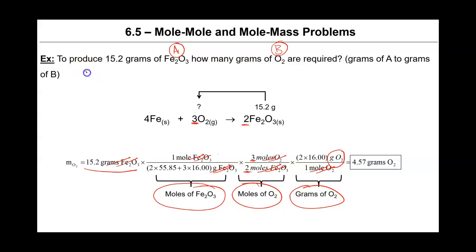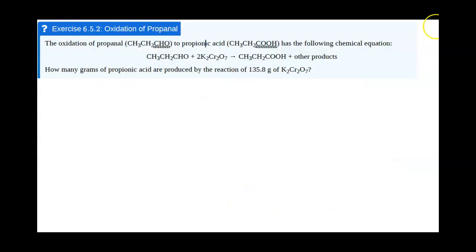So just reiterating, it goes grams of A times 1 over the molar mass of A times the number of B's over the number of A's times the molar mass of B will give you the grams of thing B. And that's how we do it.